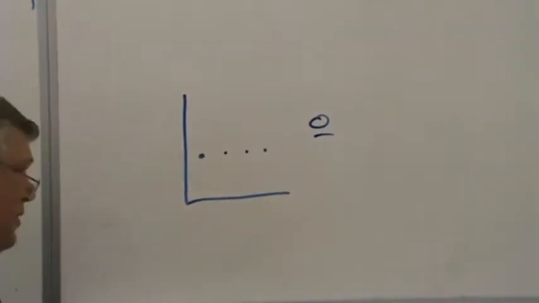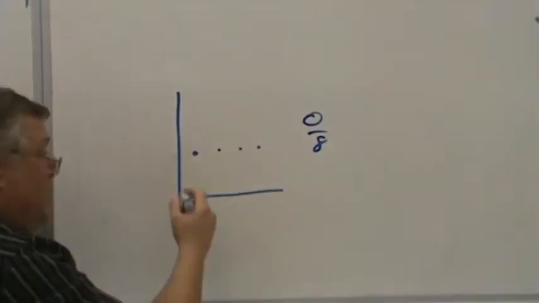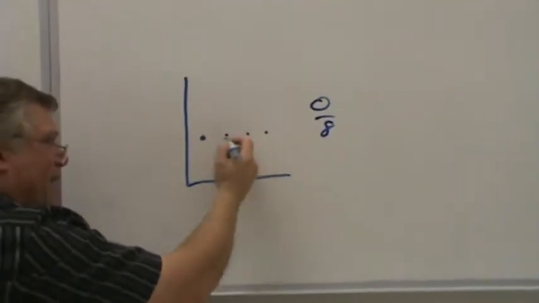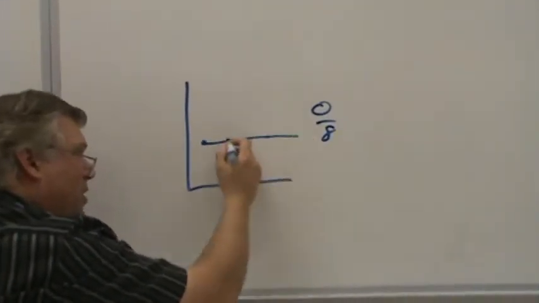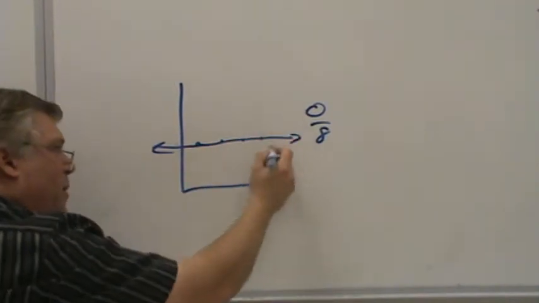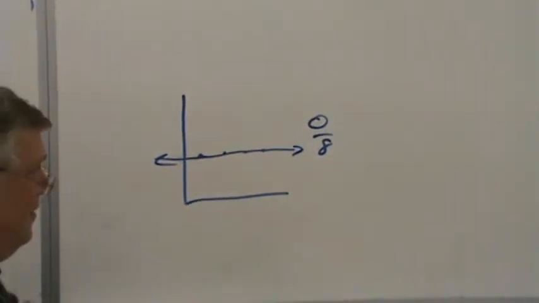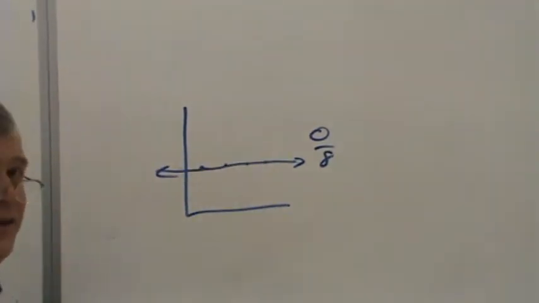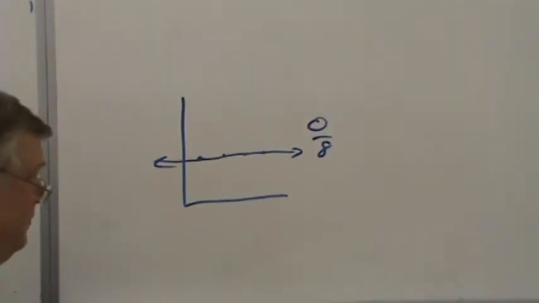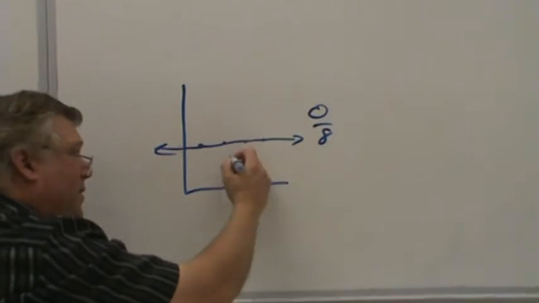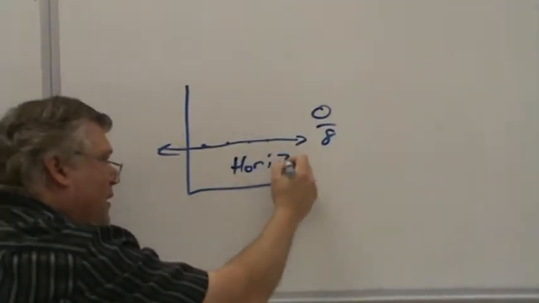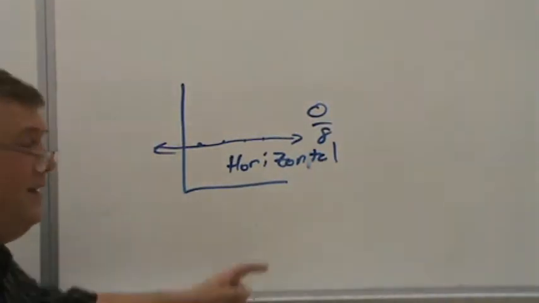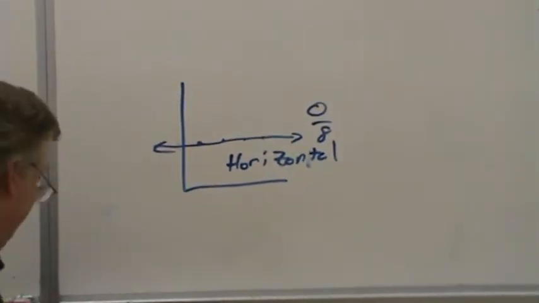Remember that top number was 0, 0 over 8, right? So my change in y was 0, my change in x was 8. So the x can keep changing, but my y value can't. I get a horizontal line. Horizontal lines have a slope of 0.